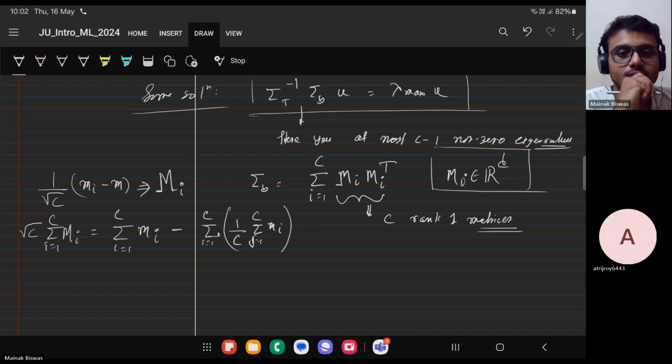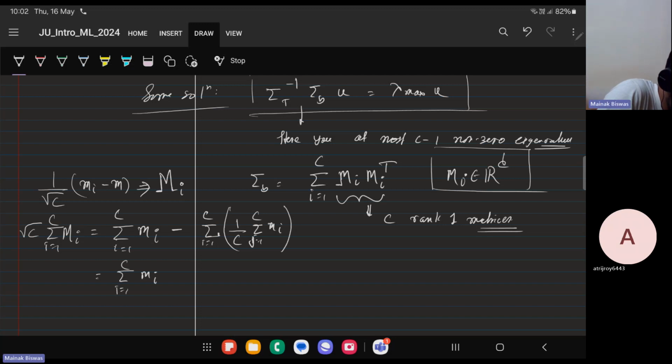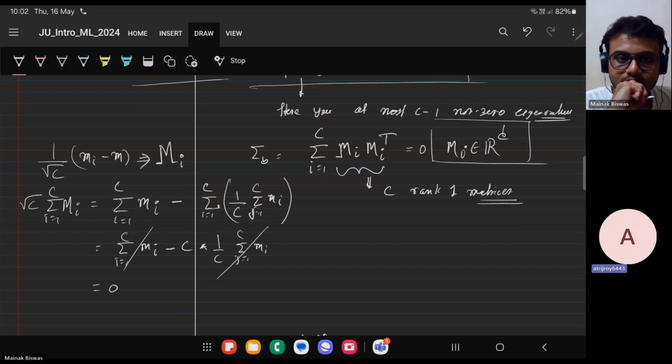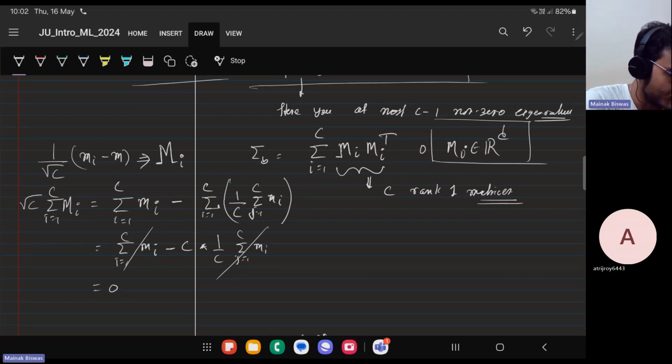Tell me, what is this? C into 1 by C, summation Mi. Oh, it is 0. Yes. So now I know one property: the sum of Mi is 0.